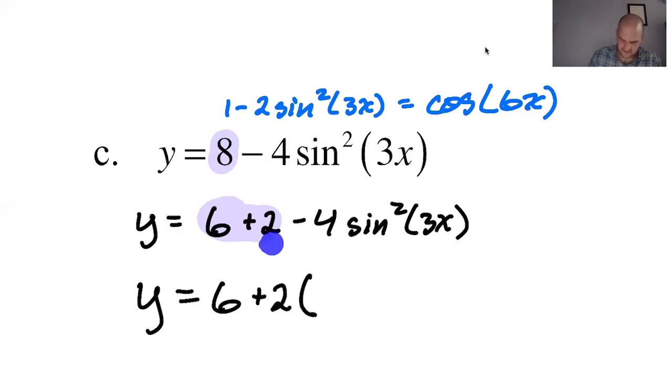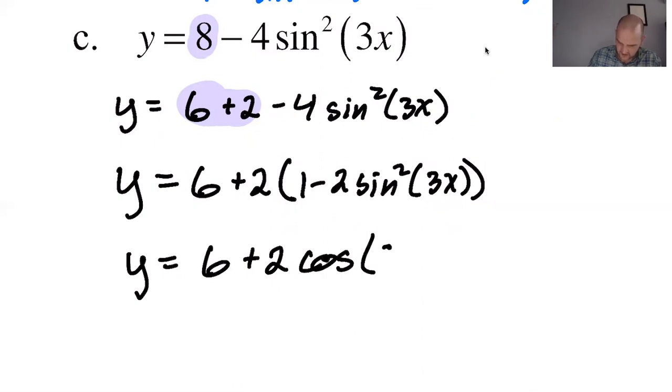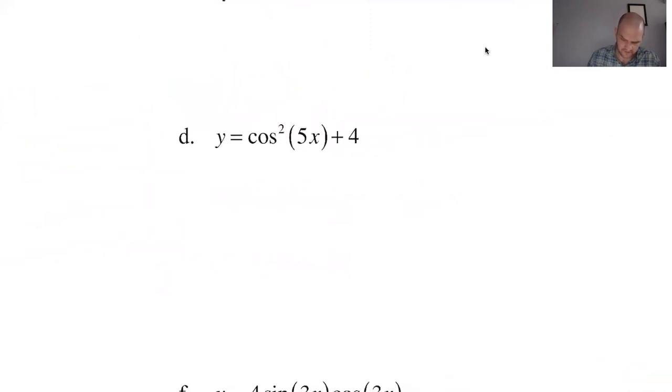I'm taking a 2 out of this to get 1, a 2 out of this to get negative 2. That gives me 1 minus 2 sine squared of 3x, which means that this is y equals 6 plus 2 cosine of 2 times whatever I'm dealing with, so 6x. And you could graph that. Sinusoidal axis is 6, up and down 2, and the period is pi over 3, so it's a really small period, but whatever.